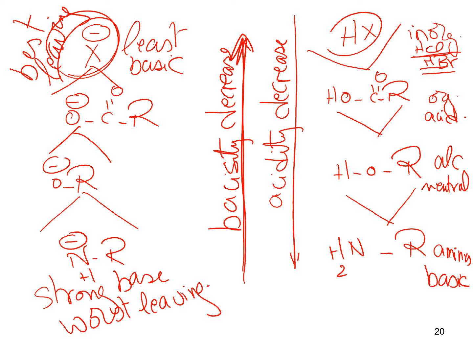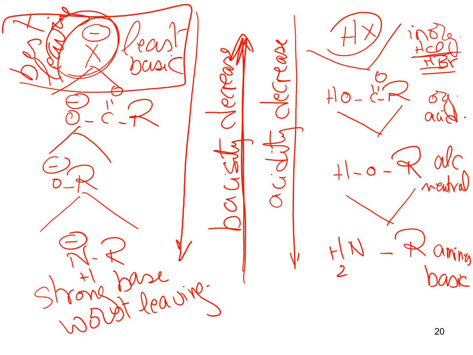So order of reactivity of acids will be in this direction. These are the least basic compounds, so they are the best leaving groups, so they are the most reactive, which falls in consistency with the electronic factor. As you remember, acid halides, their carbonyl had the highest positive charge.